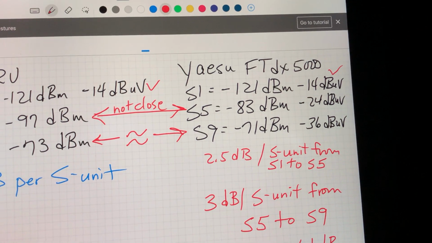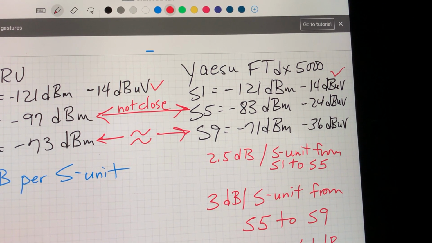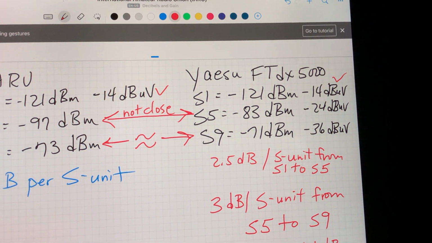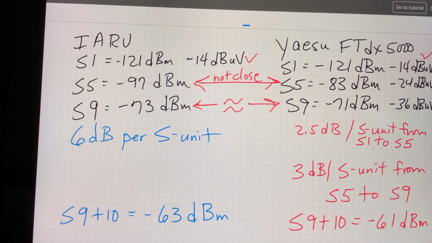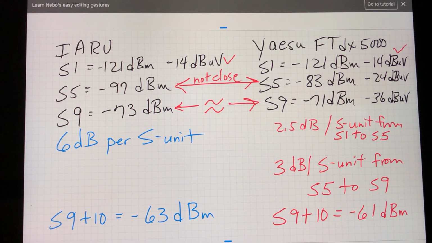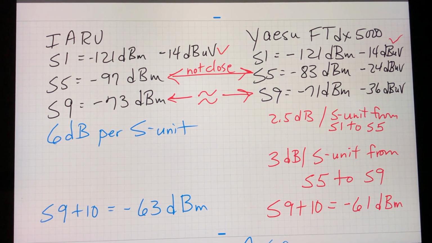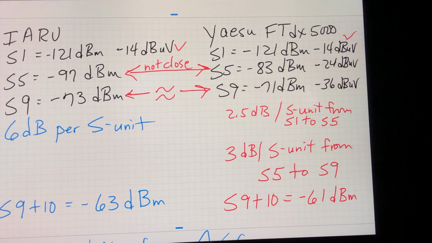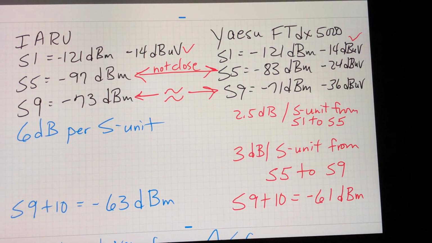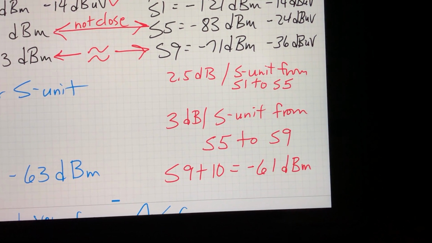So technically, if you're an S9 on my meter, you're technically 2 dB over S9. Think of it that way. So on the left, again, is the ideal 6 dB per S unit, but that varies from every radio, not just manufacturer to manufacturer, but even radio to radio. So let's look at the dB per S unit on the FTDX 5000.